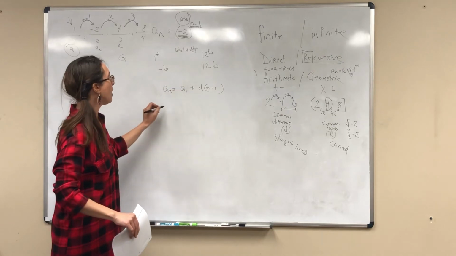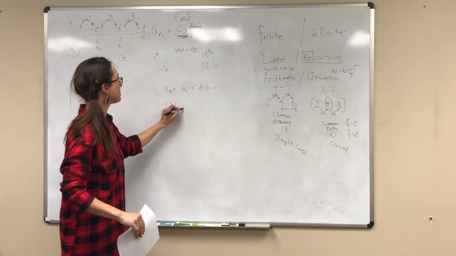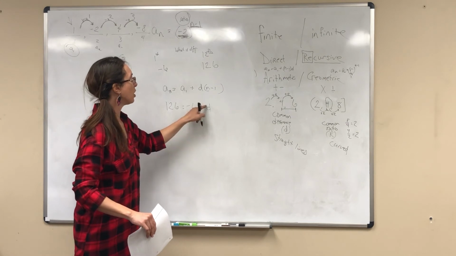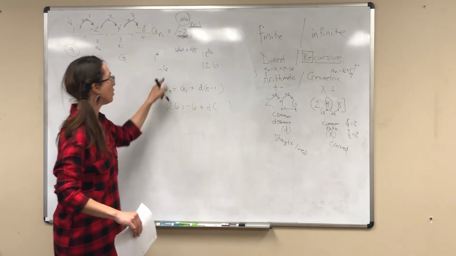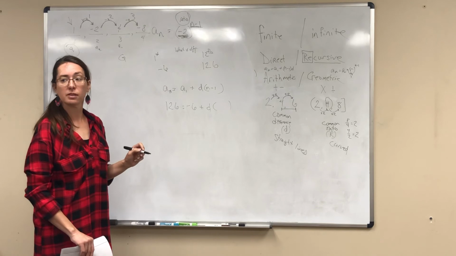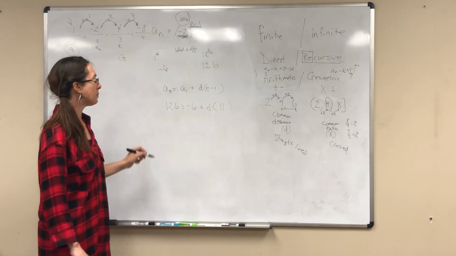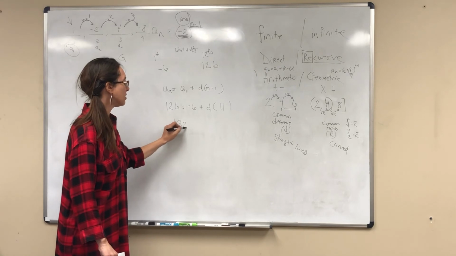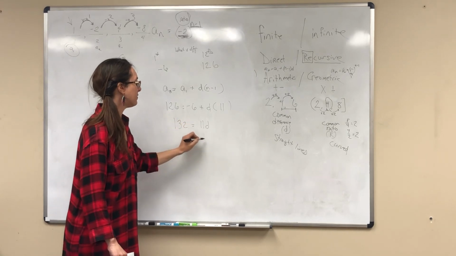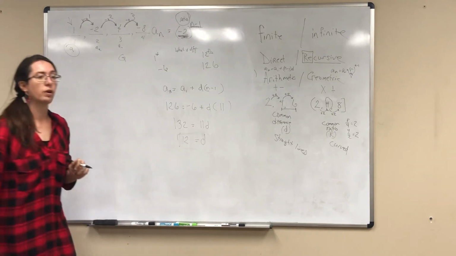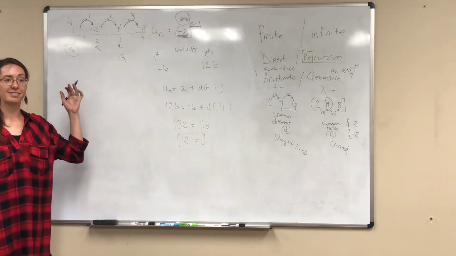So if my 12th term is 126 and I start at -6, I don't know what my common difference is, but I know I'm jumping 11 times. So now we simply solve. 132 equals 11d, d equals 12. The difference is 12. Done.